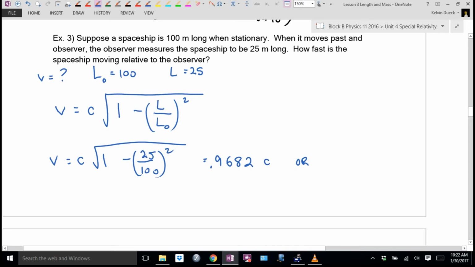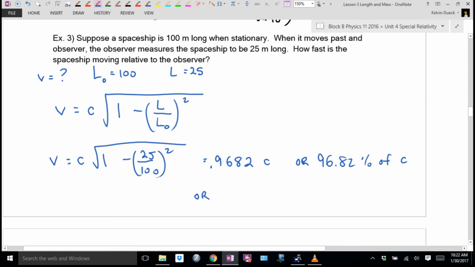What is that as a percentage of light? 96.82% of the speed of light. You know what? I have a symbol for the speed of light, don't I? What letter is our symbol for the speed of light? I'm going to use that. I tend to abbreviate.